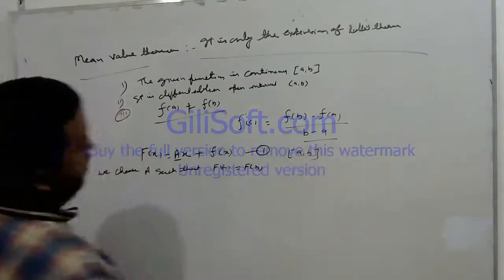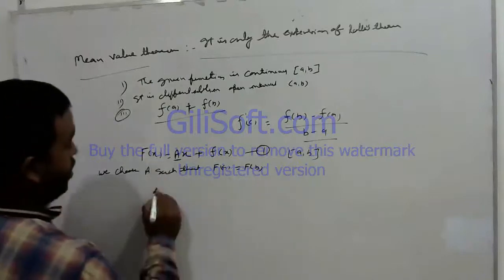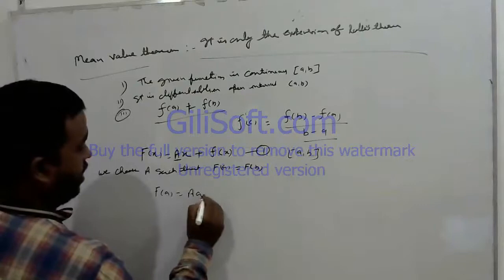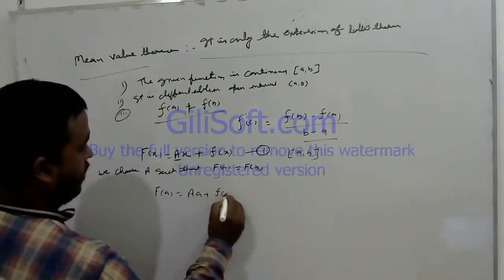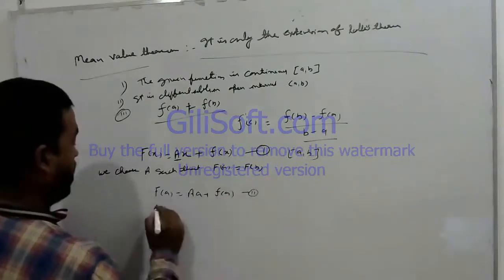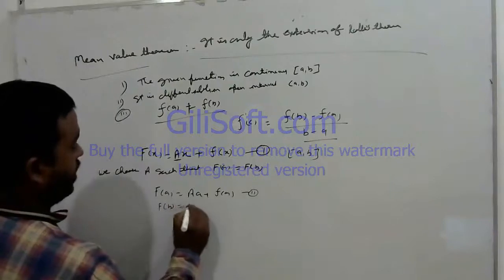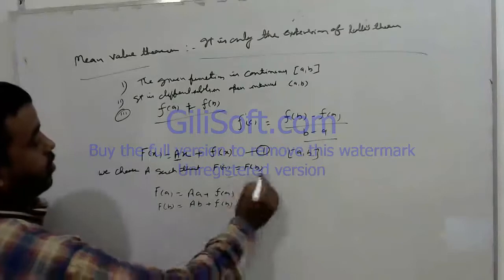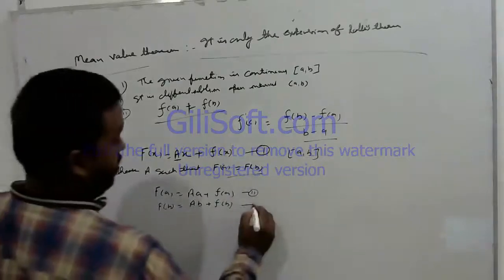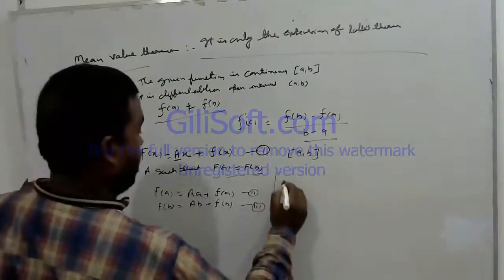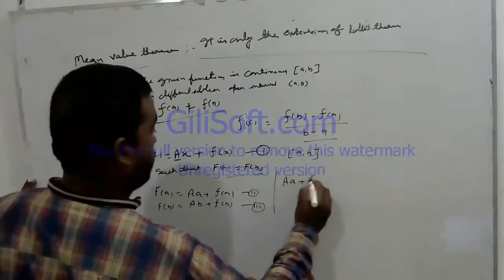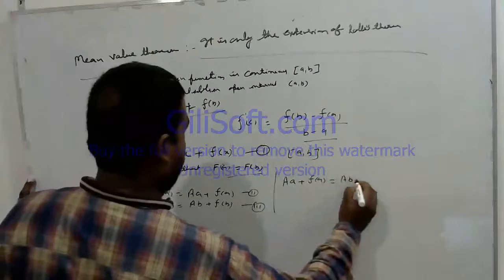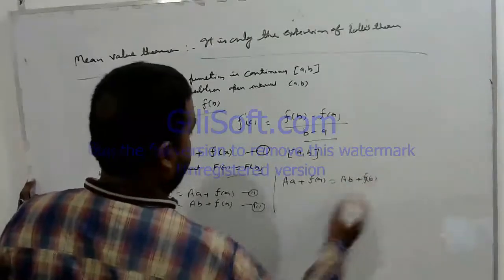Then put here f(a) is equal to Aa plus f(a), this is equation number 2, and f(b) is equal to Ab plus f(b). According to this, you can write Aa plus f(a) is equal to Ab plus f(b).